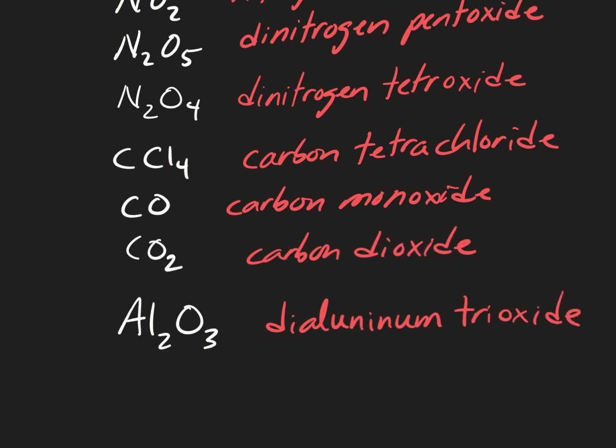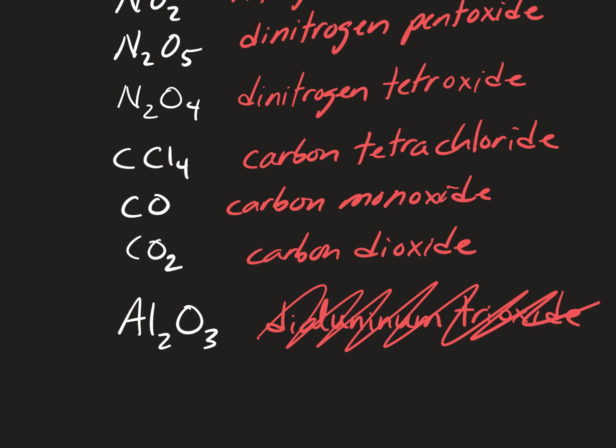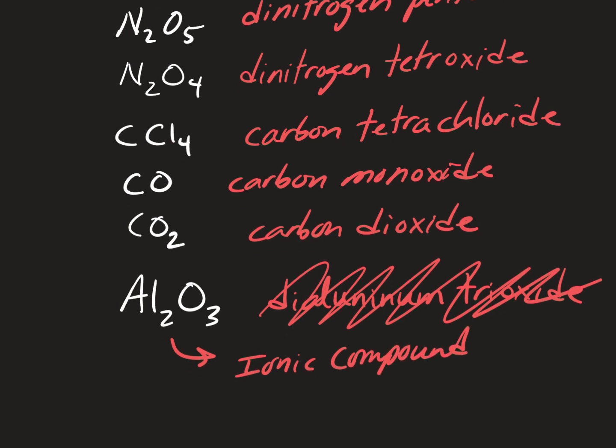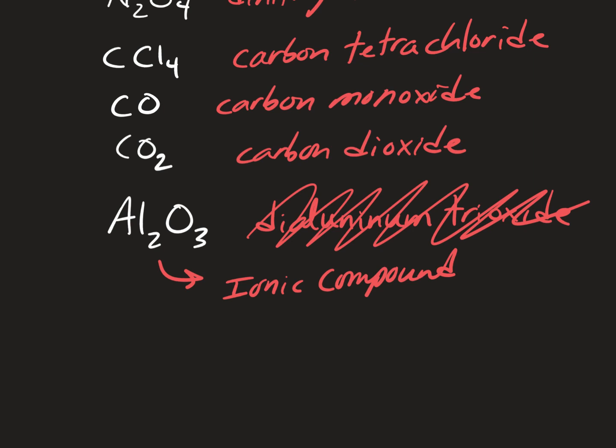And guess what? You are wrong. Why? Because this is an ionic compound. And we follow different rules for ionic compounds. I'm just going to call this aluminum oxide.